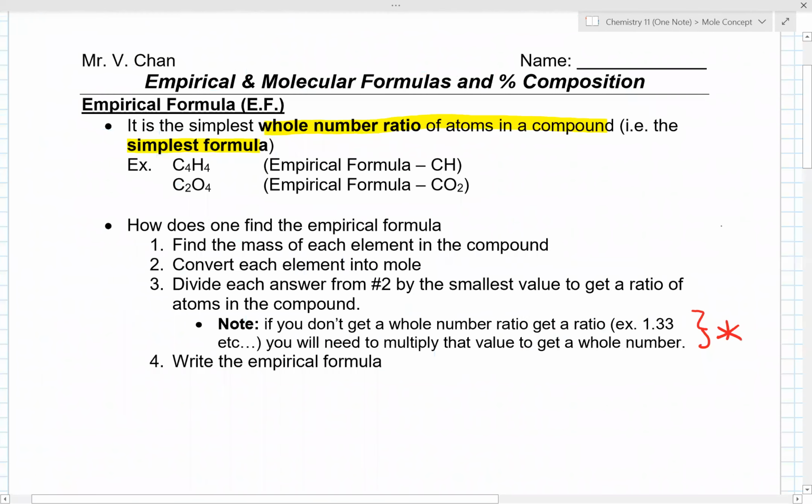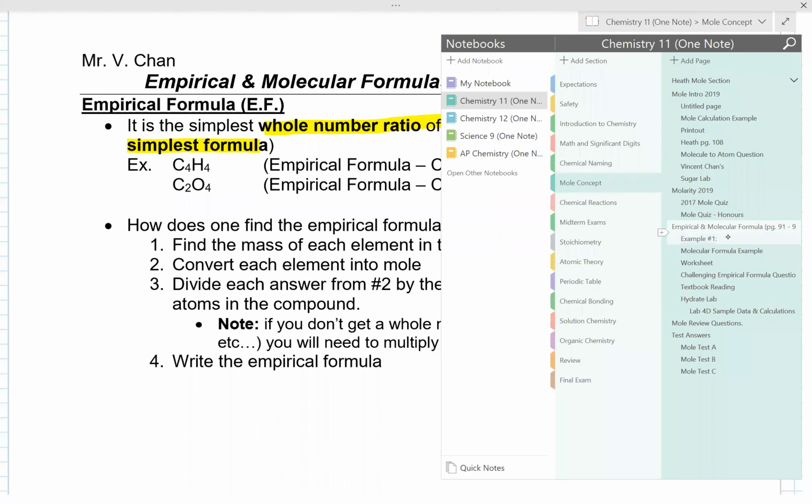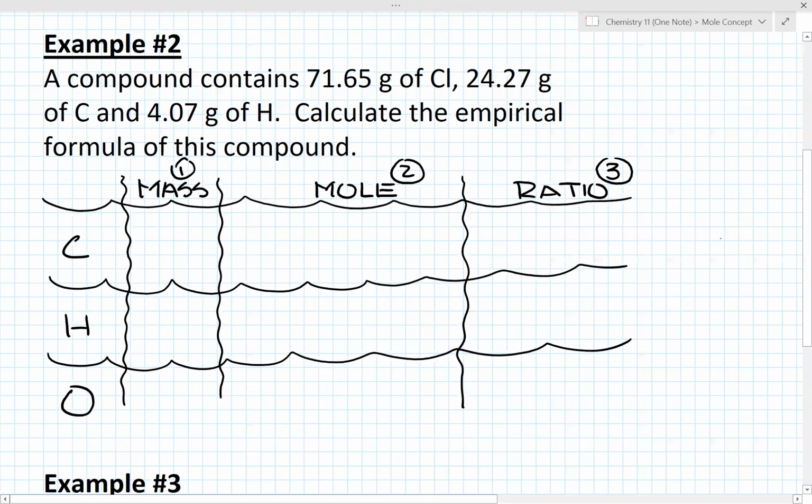For the mass, carbon is 24.27, hydrogen is 4.07, and chlorine is 71.65.